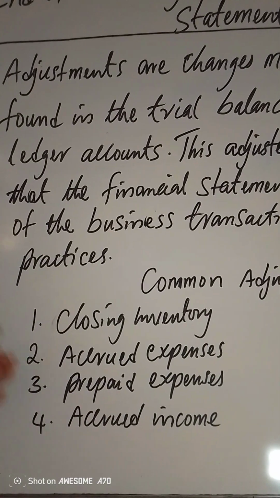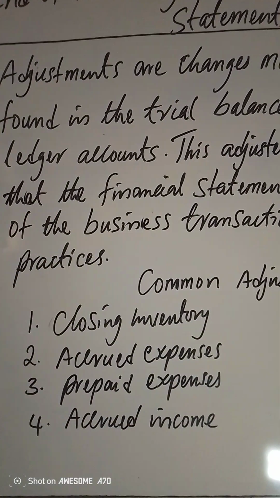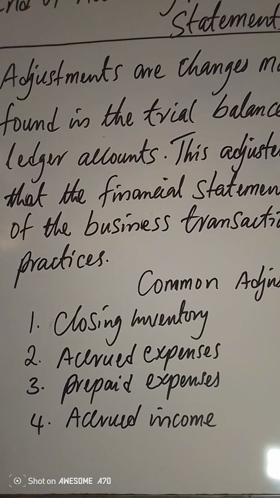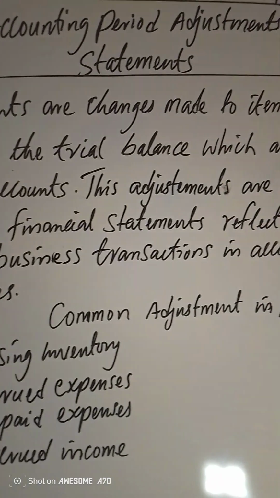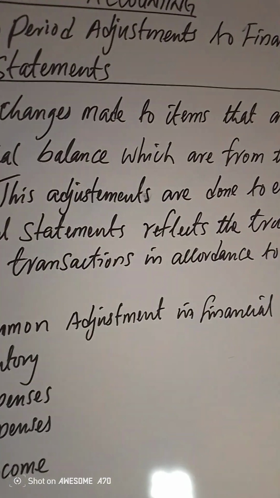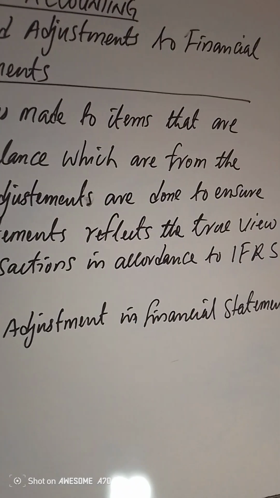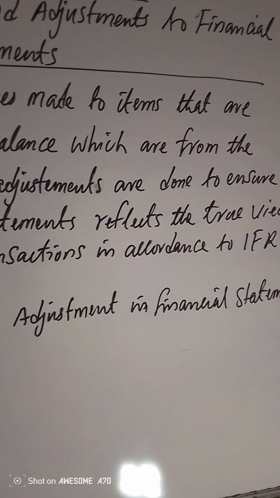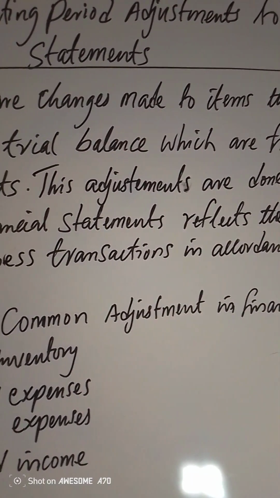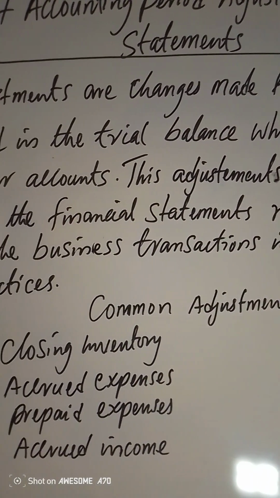Next, we have what is called accrued expenses. Just like I have given the example of rent, accrued expenses are expenses that have been enjoyed by the business, expenses for which the business has already received the services in the whole given accounting period. So based on the matching concept, some of these expenses will not be fully paid.